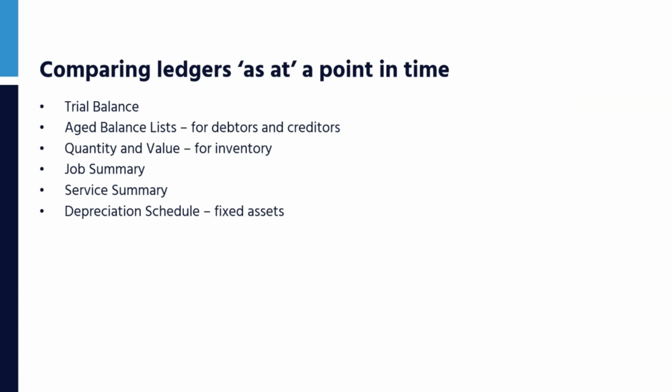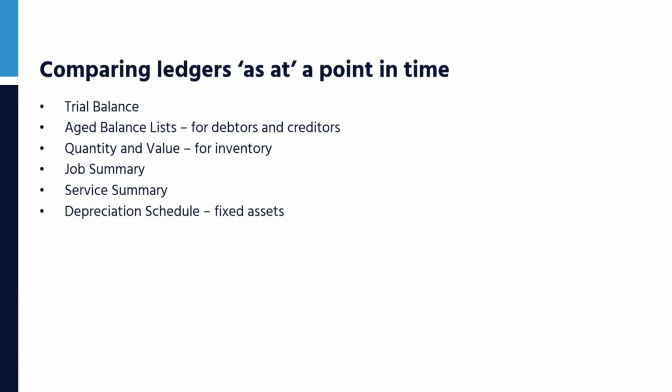Okay, so in terms of the reconciliation report, if you wanted to get the equivalent information as at a particular point in time, then you will need to run individual reports for the various ledgers. So obviously your trial balance is going to show you, as with the balance sheet, the balance of those control accounts, and then you can run your age balance list for your debtors and creditors as at that same date.